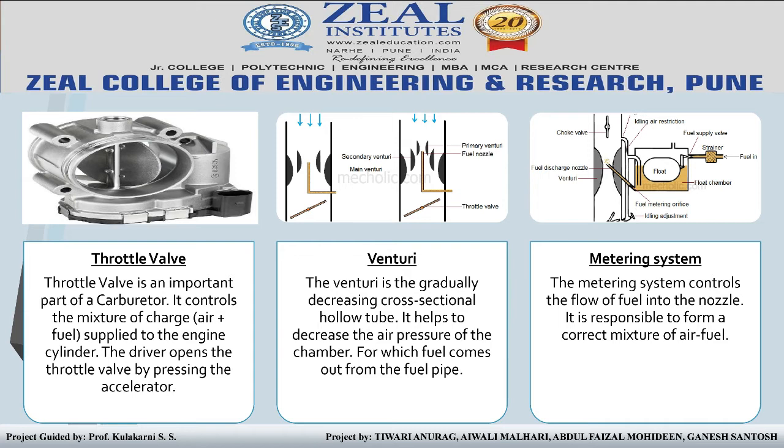It helps to decrease the air pressure in the chamber, due to which fuel comes out from the pipe. Metering system. It controls the flow of fuel into the nozzle. It is responsible for forming the correct mixture of air and fuel.